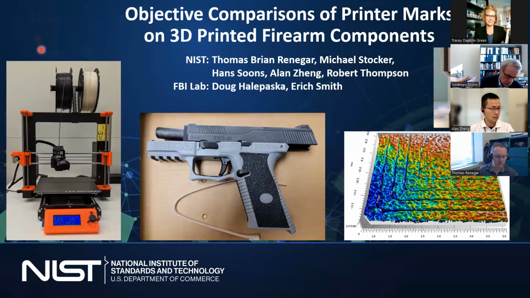And basically the way this works is that there is a heated nozzle that melts and extrudes a plastic filament and deposits that material onto a print bed surface or a build plate, one layer at a time, until the part is finished or produced. So there are many chances for toolmarks to transfer from the printer to the printed part, and those are the kinds of things that we are looking at.